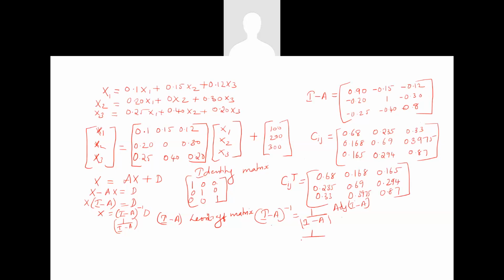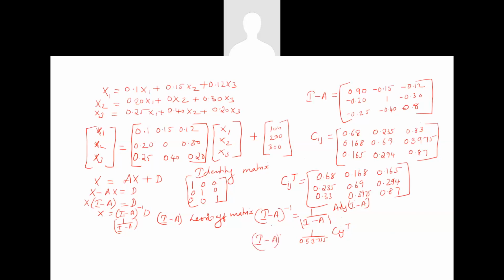So we can write this as 1 by 0.53715 into the Cij transpose matrix: 0.68, 0.168, 0.165, 0.235, 0.69, 0.294, 0.33, 0.3975, 0.87. That is how we find the inverse of I minus A.